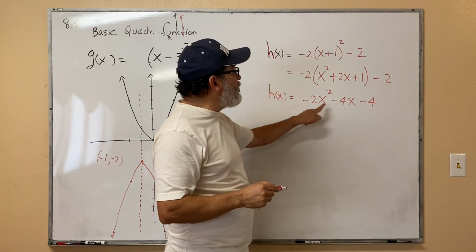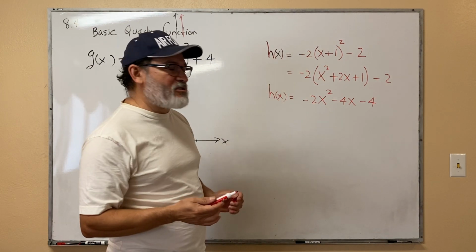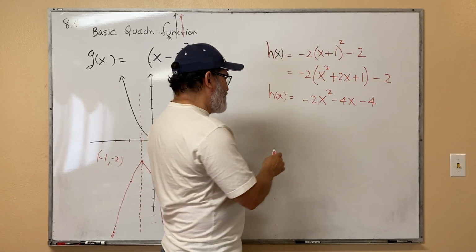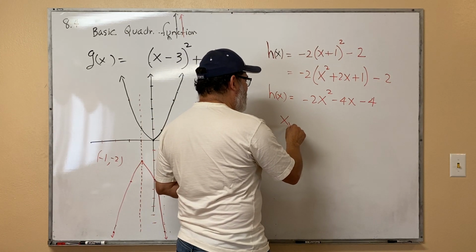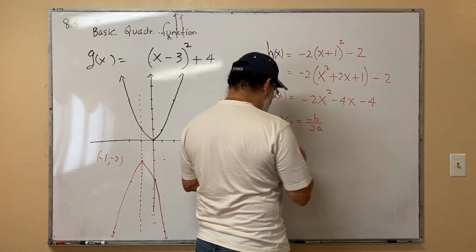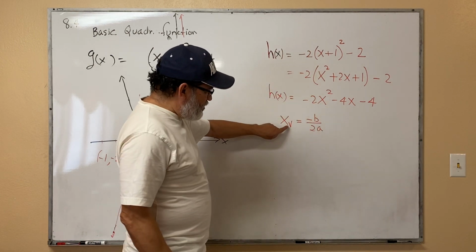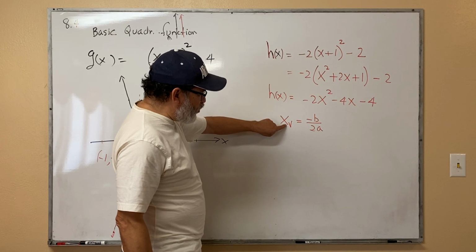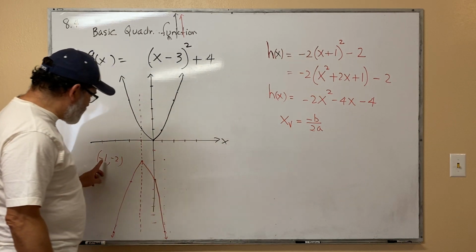If you're given the parabola in this form, you can still get the vertex by using this formula. The x-coordinate of the vertex is -b over twice a. The x-coordinate of the vertex, that's going to give you this one.